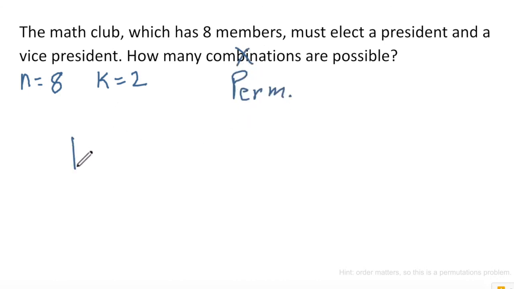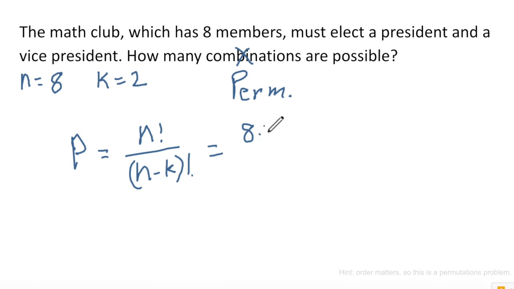So let's figure out the formula here for permutations. Let's see, that's n factorial over n minus k factorial. And that is equal to 8 factorial, or 8 times 7 times 6 times 5 times 4 times 3 times 2, divided by, what's n minus k?